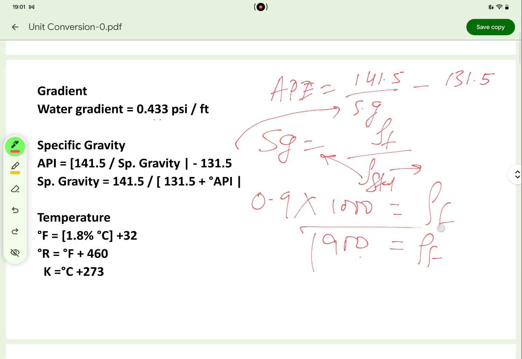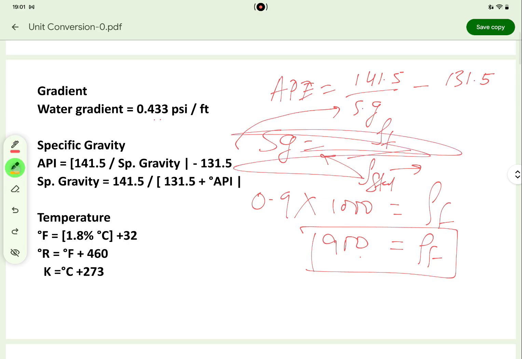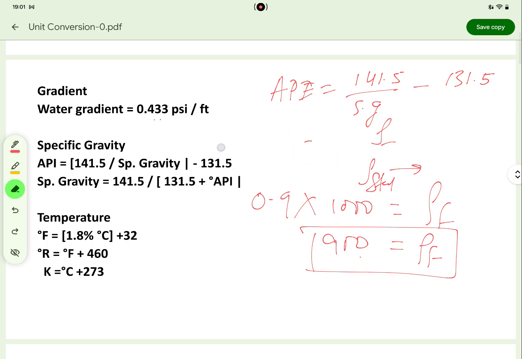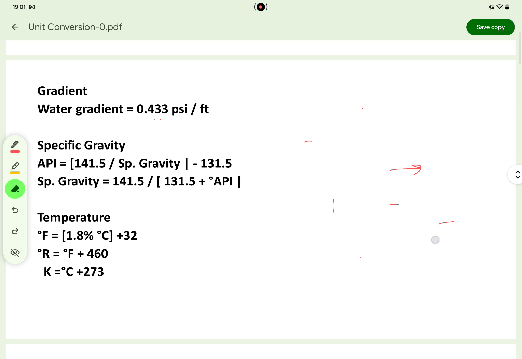So density is a very important thing. Now if someone asks you what will be the specific gravity of water, how are you going to determine it? Many people get confused. I think this is a basic fundamental thing you need to know. As we write, specific gravity is the density of the fluid divided by the density of the standard fluid.